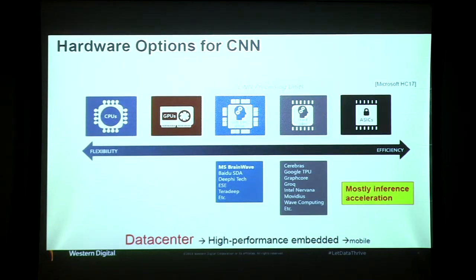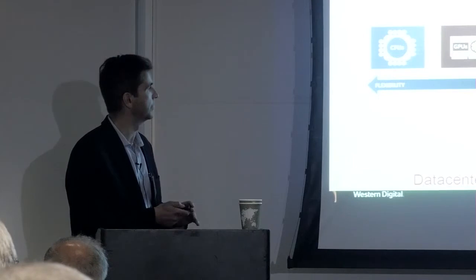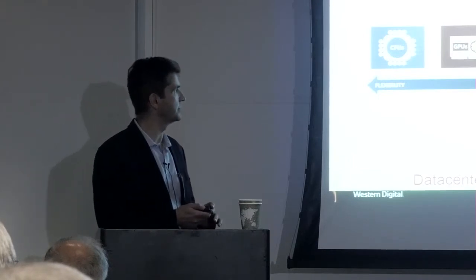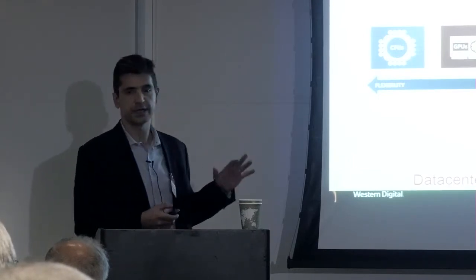Or you can start thinking about interesting devices like the Google TPU that take an intermediary approach and again add some nice compute primitives that can do a few things a little bit better than the GPU. So that's the spectrum of things that people do, and I would say everything here is actually interesting.